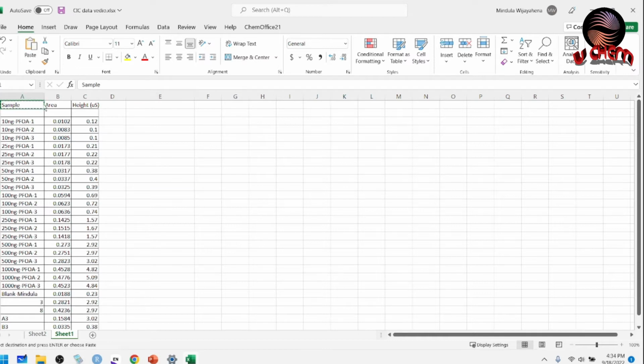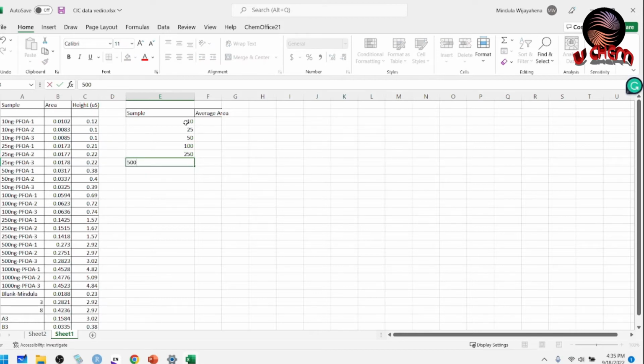I'm going to have the sample column over here, and copy. This is the average area. Oh, I have typed it again. Okay, average area. Here I have 10, 25, 50, 100, 250, 500 and 1000, right?